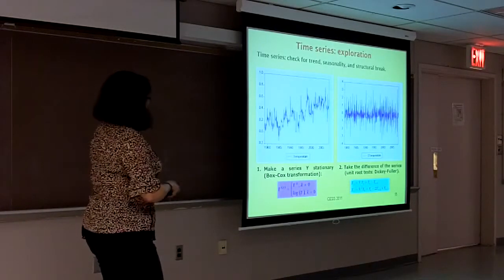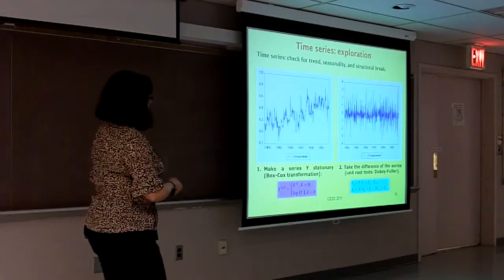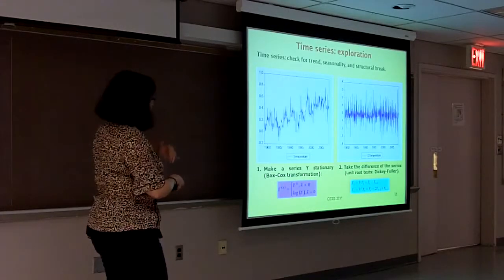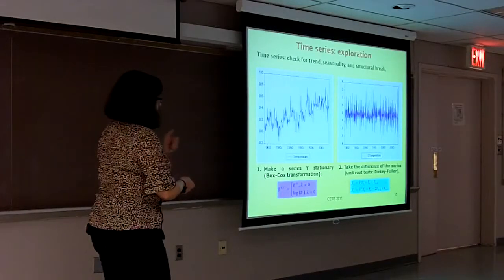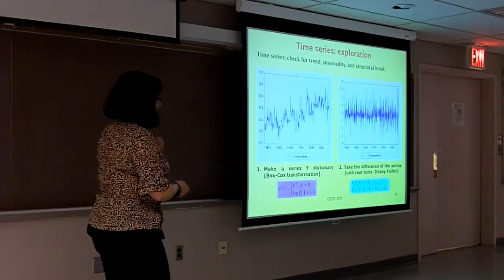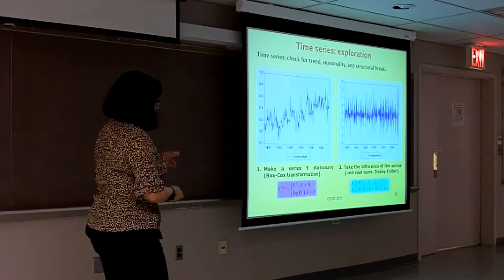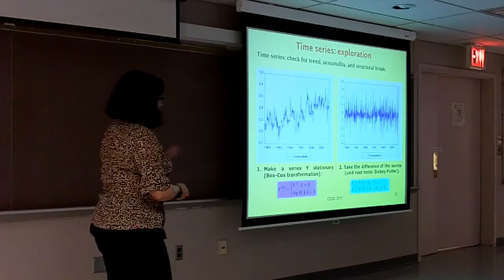If you apply that kind of transformation and you don't get a good time series, you need to take into account the possible differencing of the series. So this is the first difference that you can take from the time series, and this is the second. And you need to apply another test, called the unit root test.